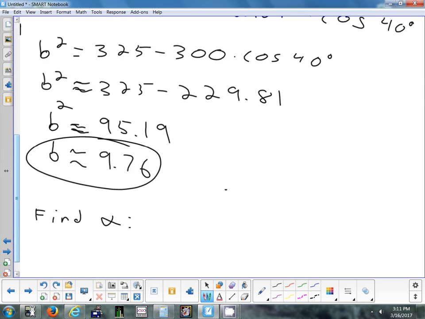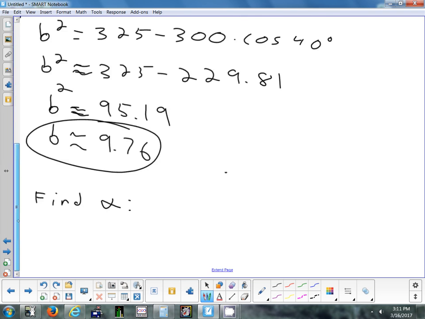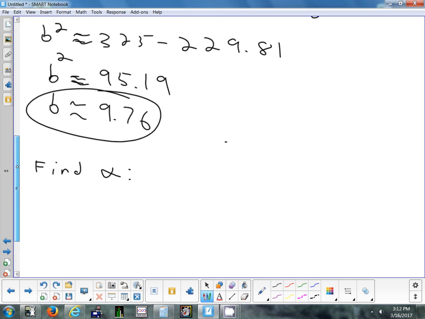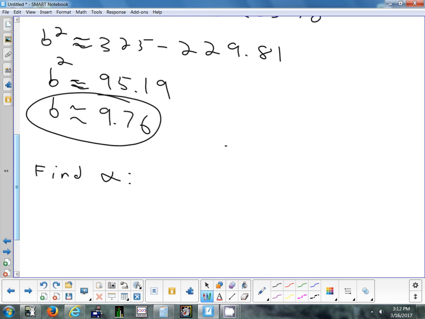So now we're doing exactly the same calculation you would do in a side, side, side problem. So the law of cosines that starts for alpha, how does that one start? You're doing a squared.